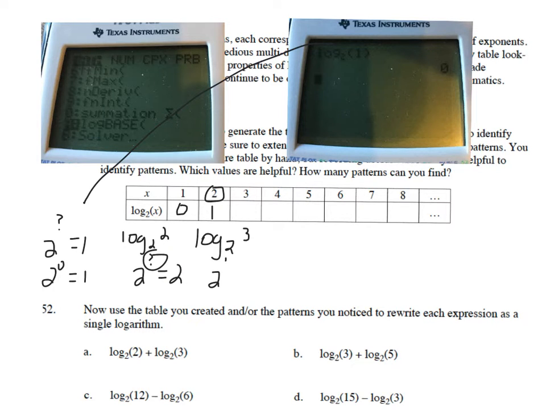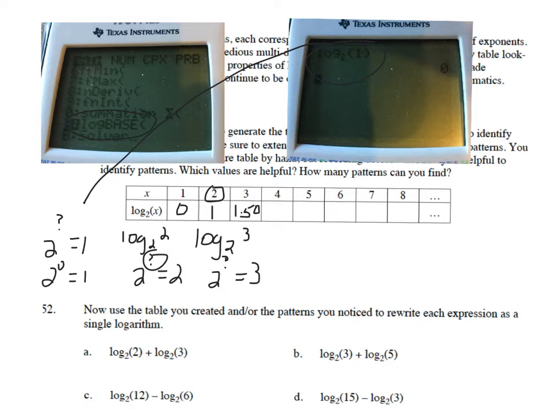Now 2 to what power is going to equal 3? That's where using this log base statement could really help make this a little bit easier. The log base 2 of 3 comes out to be 1.58.